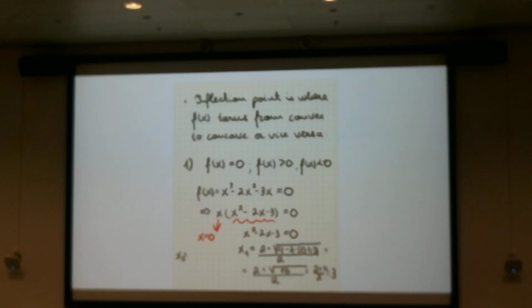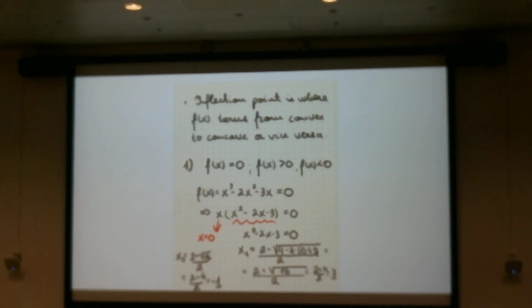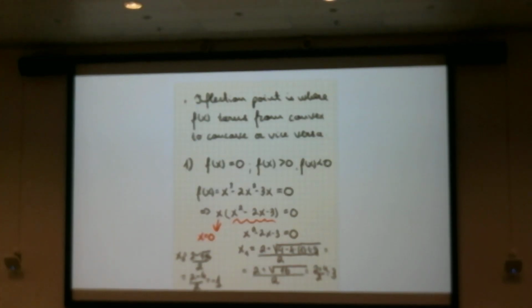And I don't want to go to the new page. Let me write x2 right here, which is basically just 2 minus square root of 16 over 2, which is equal to 2 minus 4 over 2, and that is equal to minus 1. Minus 2 over 2, minus 1.